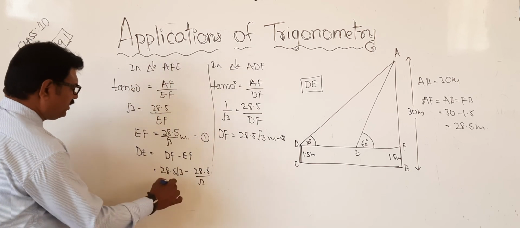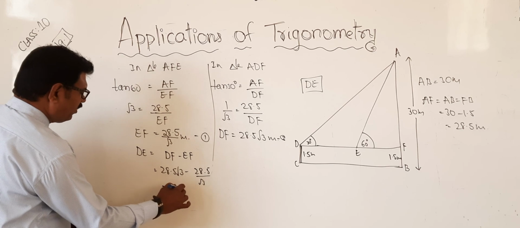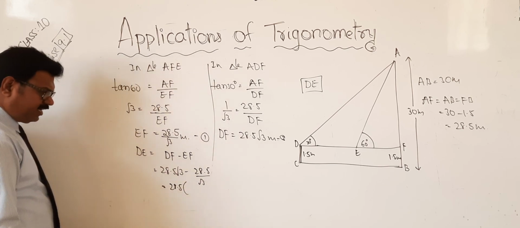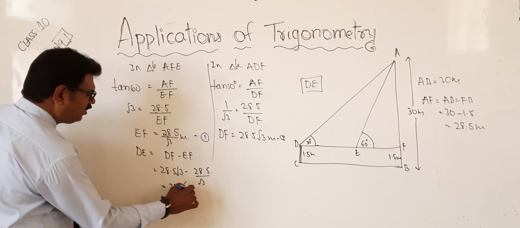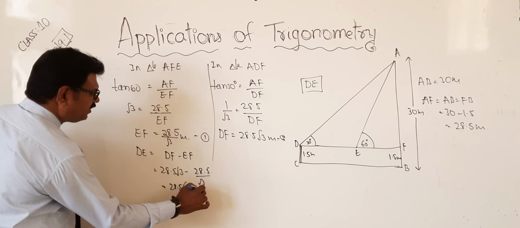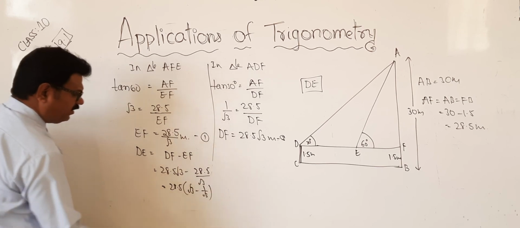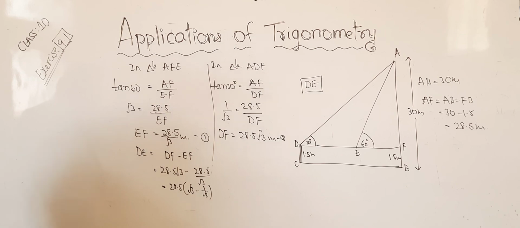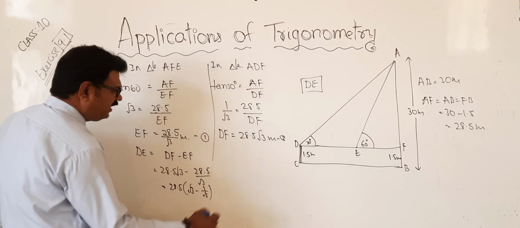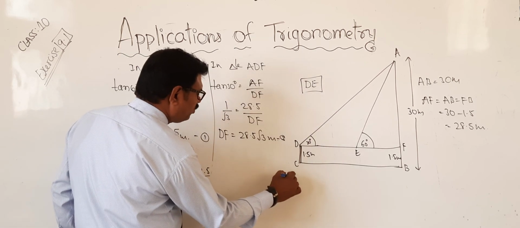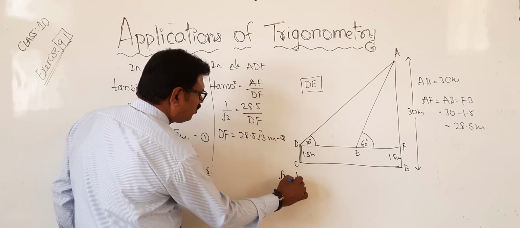No problem. Now, if you take 28.5 common, you will get (√3 − 1) by √3.